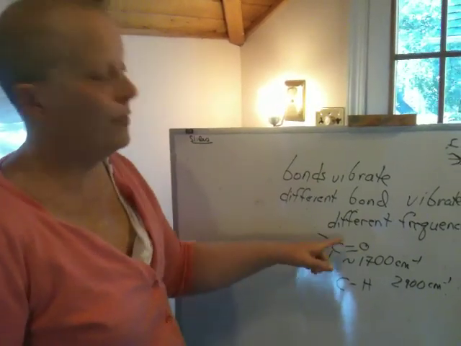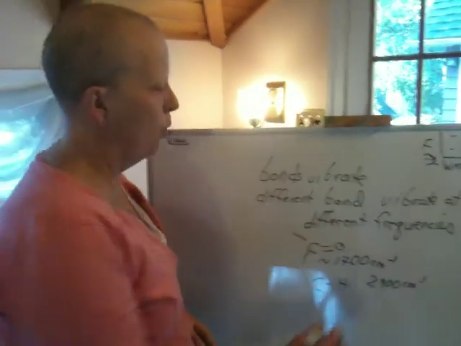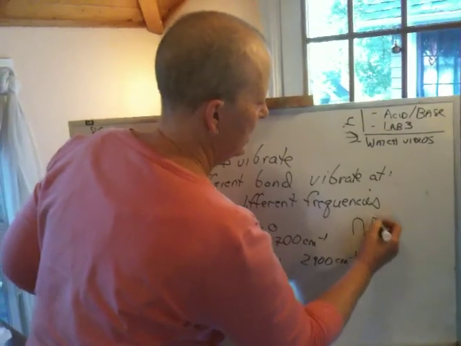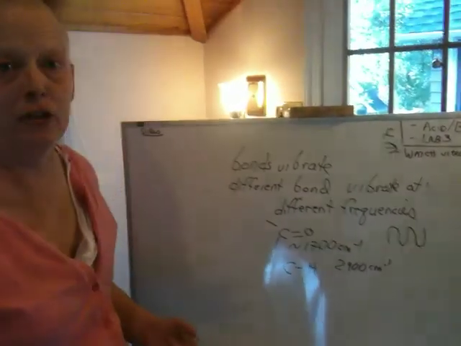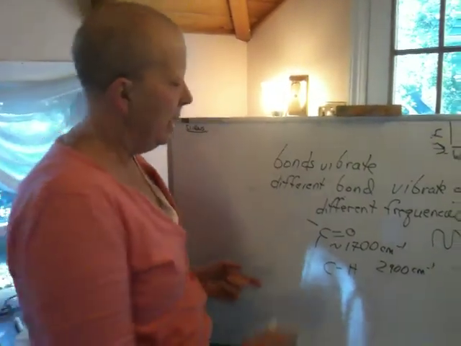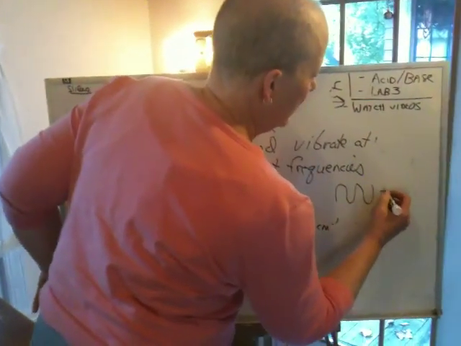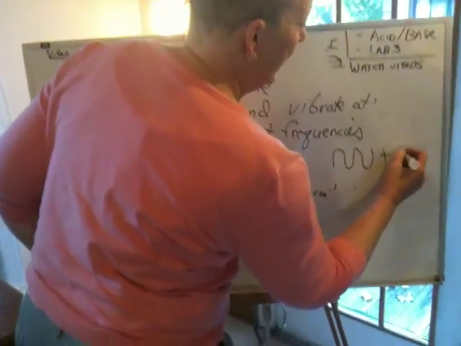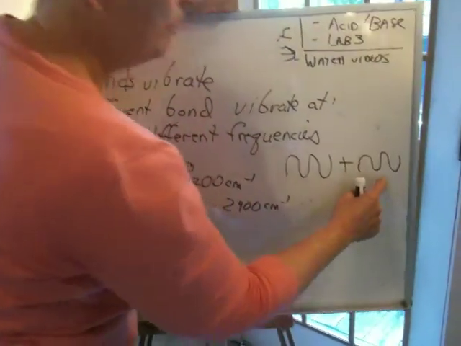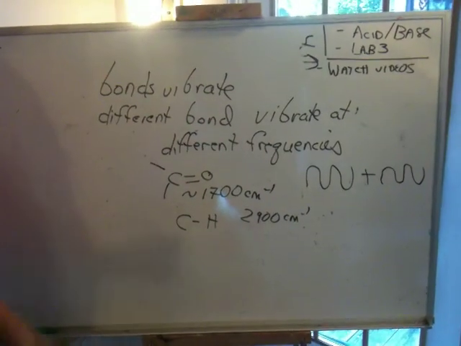So I want you to think of a bond vibration as being like a wave, because it is a wave. It has a wave-like nature. It has a frequency. And when you add to it infrared frequency that is the exact same frequency, what happens?